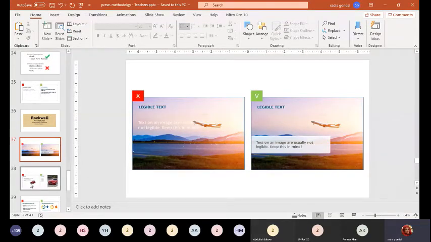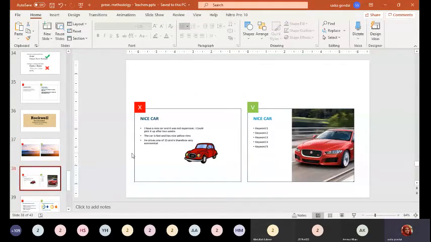Okay. One more example. We have a plethora of images available on Google Images. Your task is to choose an image which is crisp, more polished, clearer, and trendier, right?